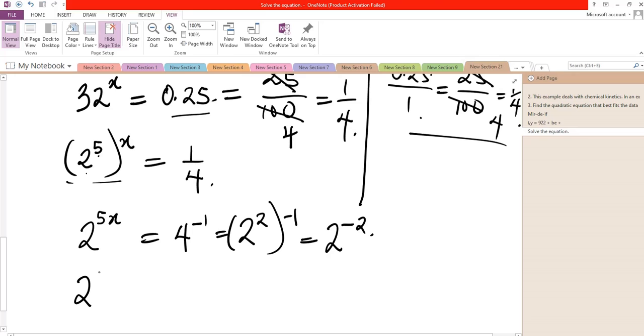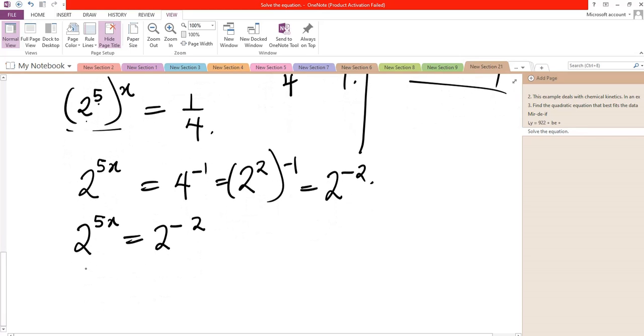Now you have 2 raised to power 5x equal to 2 raised to power minus 2. Now since the bases are the same, you equate the powers, so the powers is just 5x equal to minus 2.